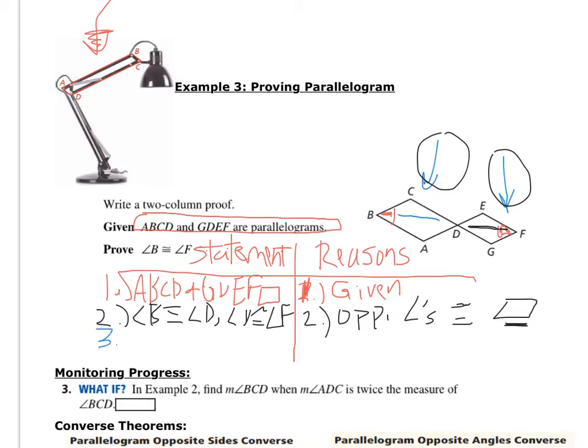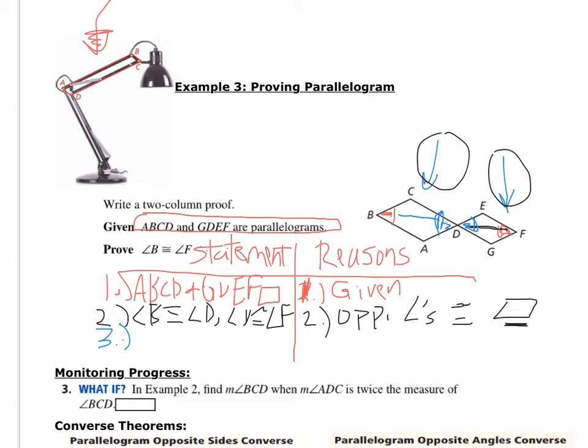We need to go ahead and say something about angle D. Isn't angle D, this angle right here, and this angle right here, congruent to itself? You really couldn't use a reflection property, but where angle D is in those two parallelograms, the smaller one and the larger one, aren't the two angles that have D as a vertex vertical angles?